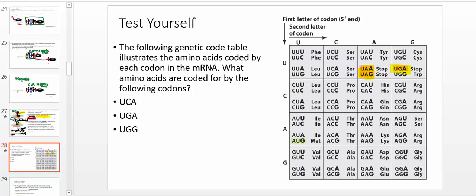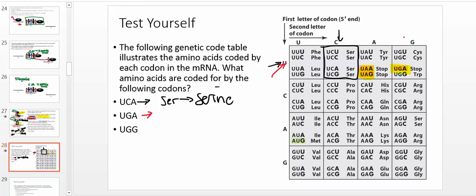Here's the genetic code table. Let's practice figuring out what each codon codes for. So here's UCA. What does UCA code for? Well, here's U, here's C, and then we go into this box right here. We find that UCA codes for SER, which is the 3-letter abbreviation for serine. Okay? What about UGA?